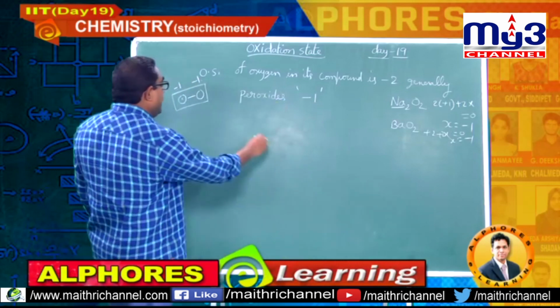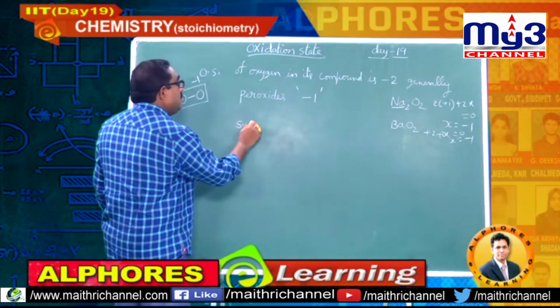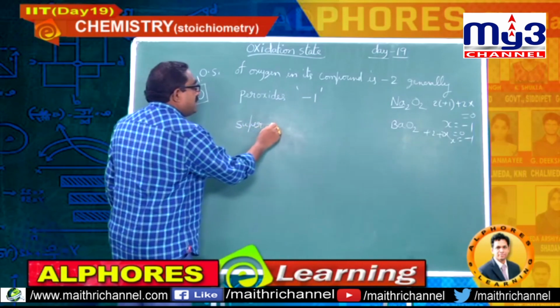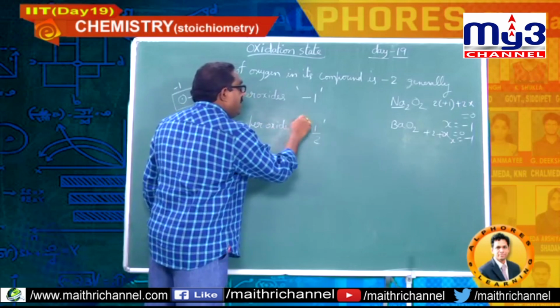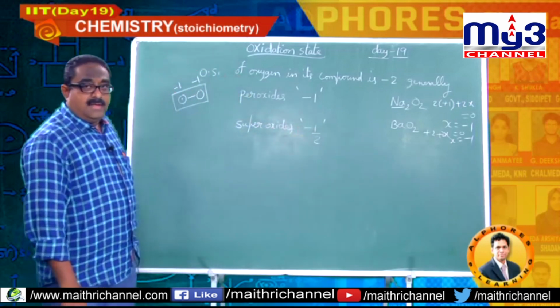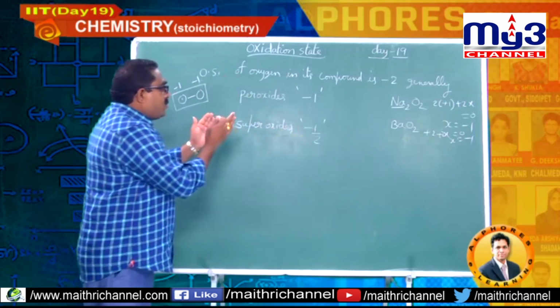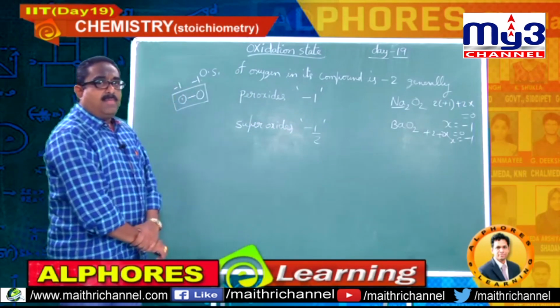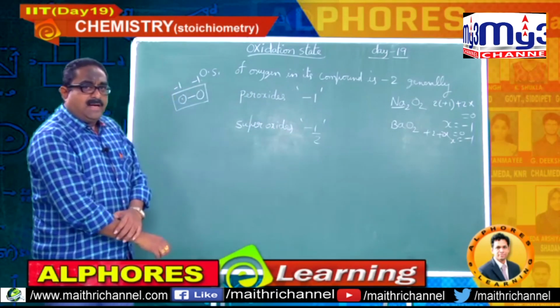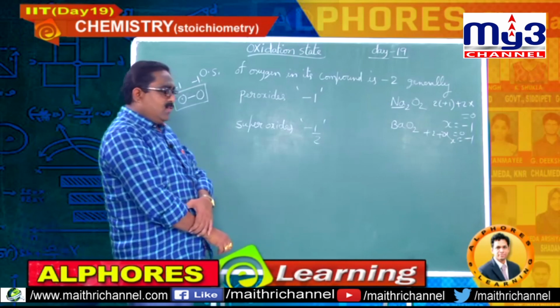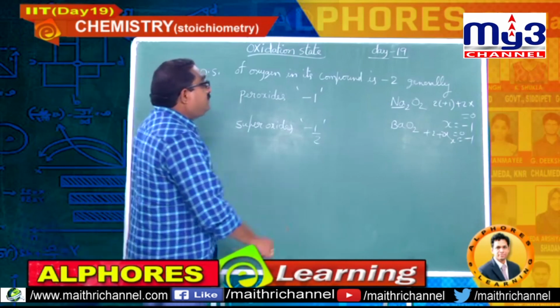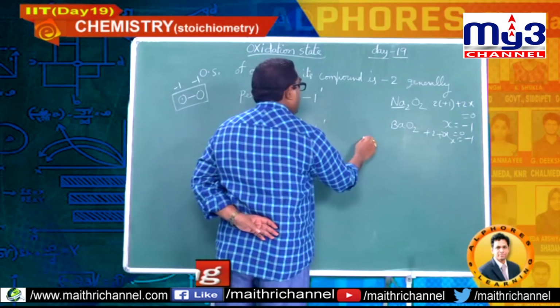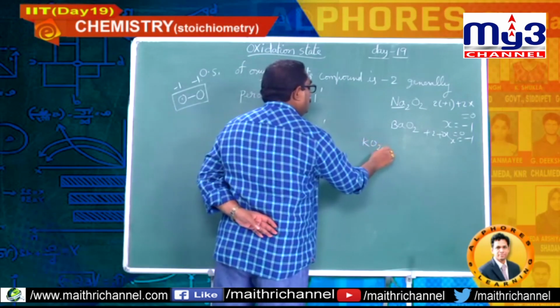Okay, next, superoxides. The oxidation state is minus half. Superoxides are usually formed by alkali metals, usually the higher alkali metals. Let me give an example: KO2.